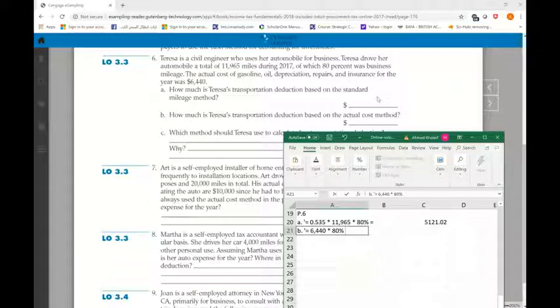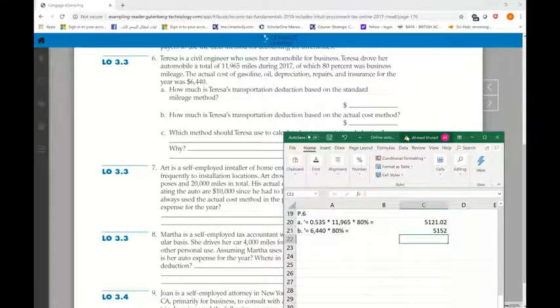Based on this percentage, we can get the actual transportation cost. So the actual transportation cost is 5,152.